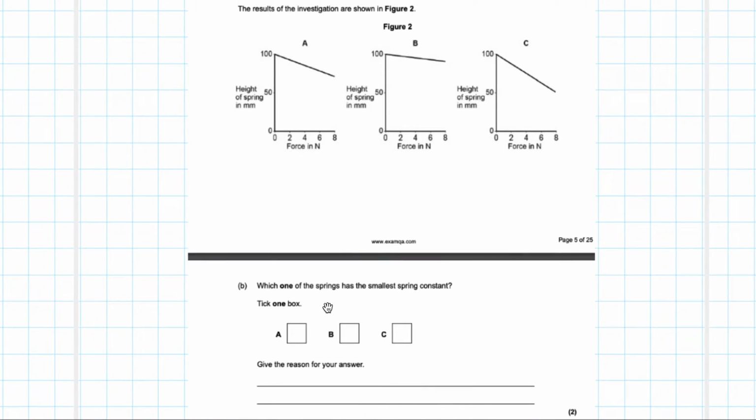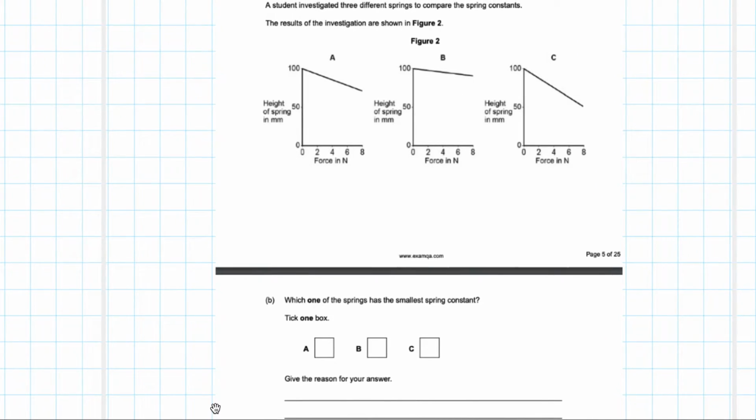So which of these springs has the smallest spring constant? So we have F equals Kx, and we want to find which one has the smallest spring constant. So we could rearrange this equation to get F over x is equal to k.